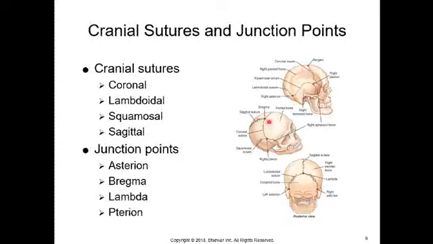So your bregma is the junction point of the coronal and sagittal sutures. You've got your lambda, which falls in line with your lambdoidal suture and your sagittal suture. And then your pterion, which is up in here, and that's your coronal and squamosal sutures that's happening here. So those are your junction points.